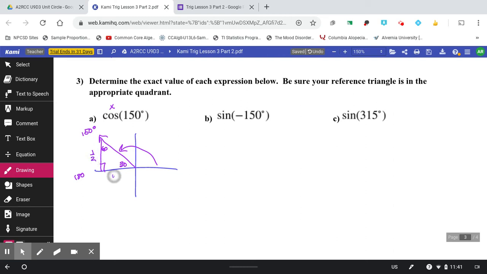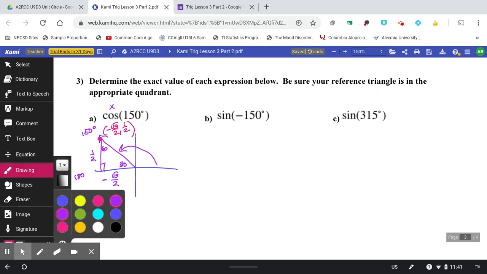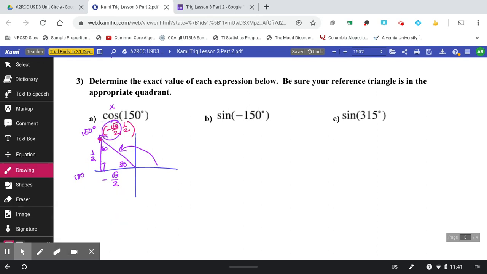Across from the 60 is radical 3/2. And I know in this quadrant, the x is negative. So the coordinate is negative radical 3/2, 1/2. Since the cosine is the x value, I know that the final answer is negative radical 3/2.